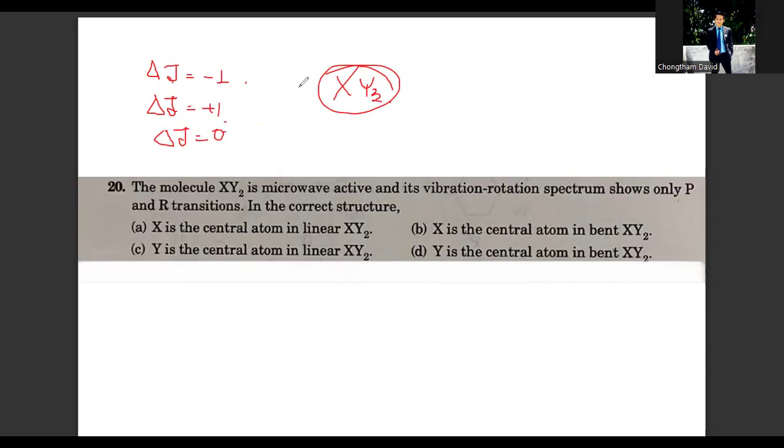So given these points, the correct structure should be option C, that is, X is the central atom in linear XY2. This structure would result in a non-zero dipole moment, making the molecule microwave active and showing only P and R transitions in its spectrum.